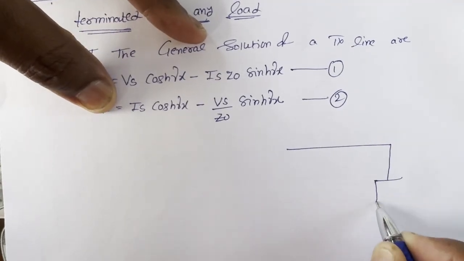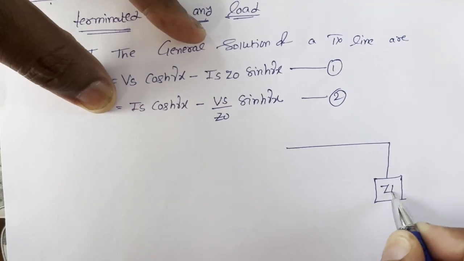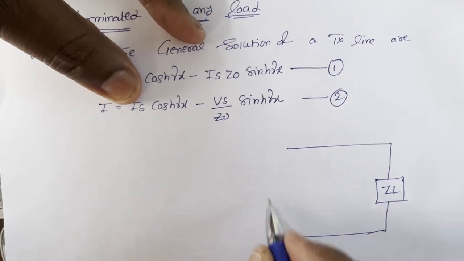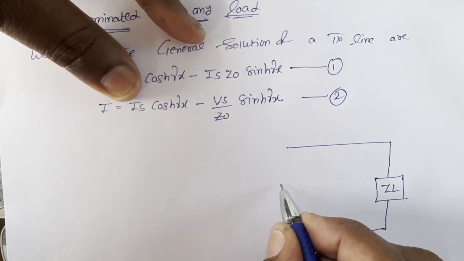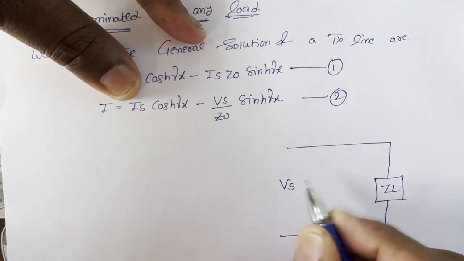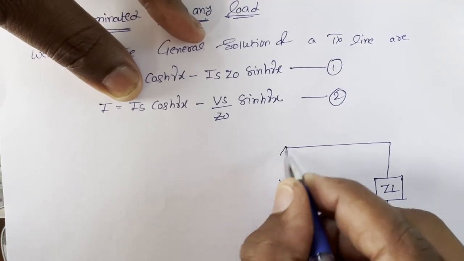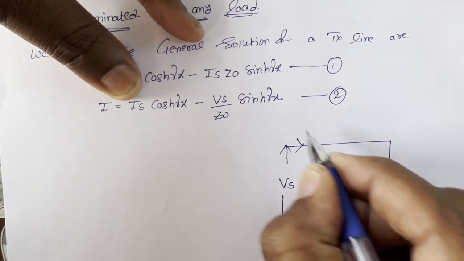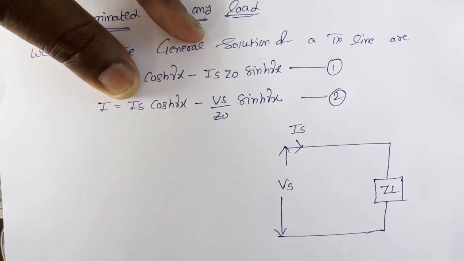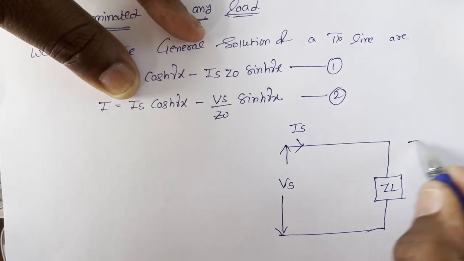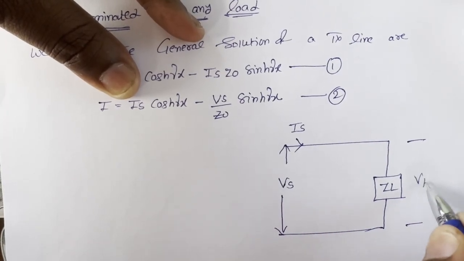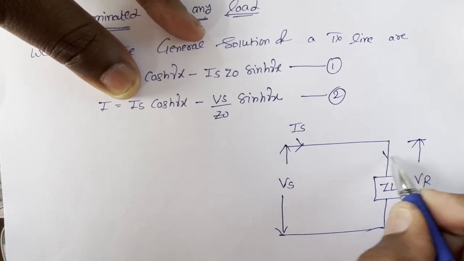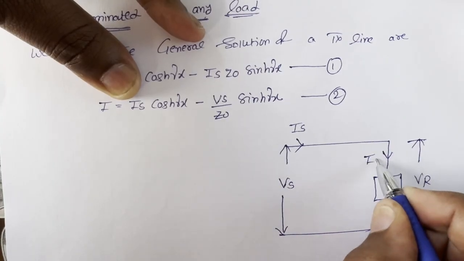It is terminated with a load ZL, and here is the input section. I assume the input voltage is Vs, that is the voltage at source, and the current at source is Is. It is the load. I assume the voltage across this load is Vr, and the current in this load is IR.